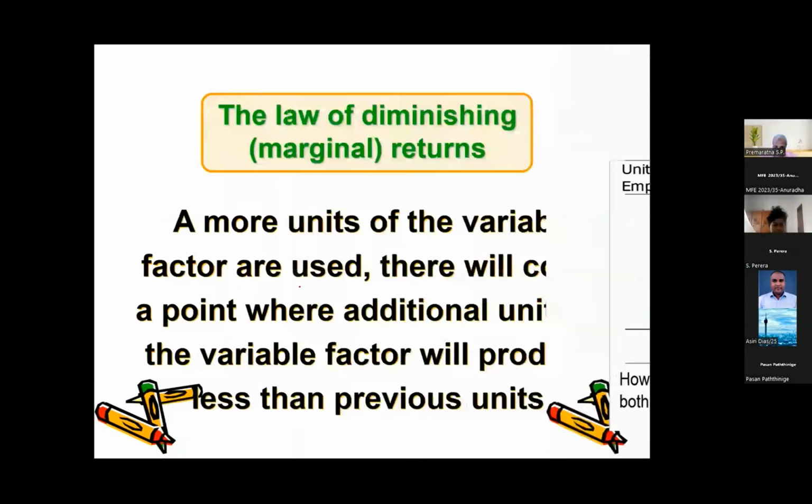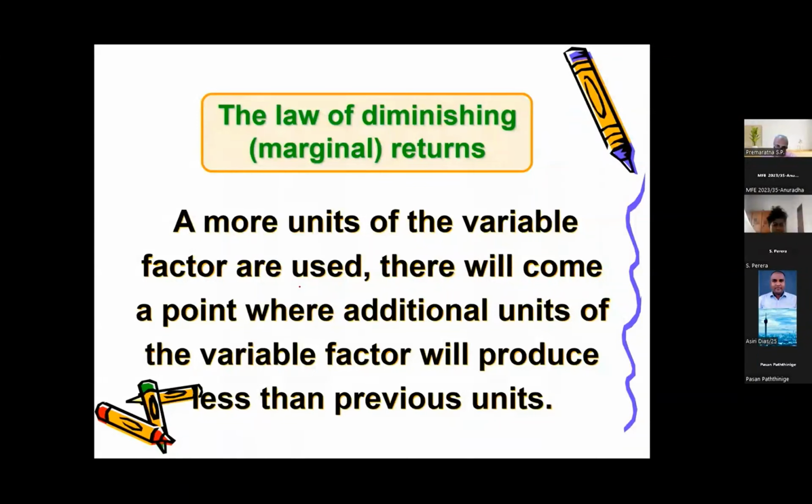Those are the things mainly we discussed. In the short run, as we discussed last time, producers take decisions when the law of diminishing marginal return applies. For example, if you take the marginal product curve, at this maximum point here, the diminishing marginal return starts.